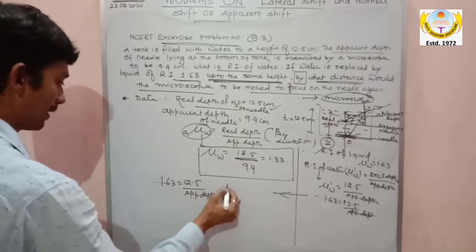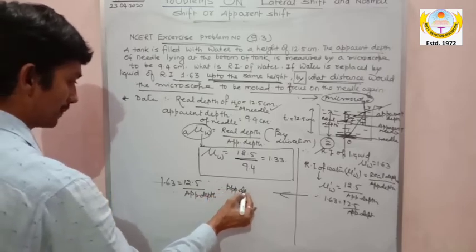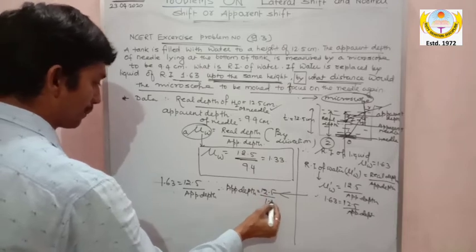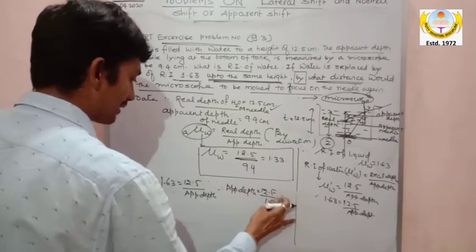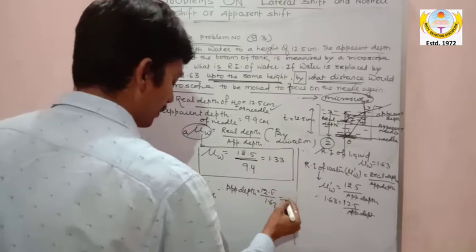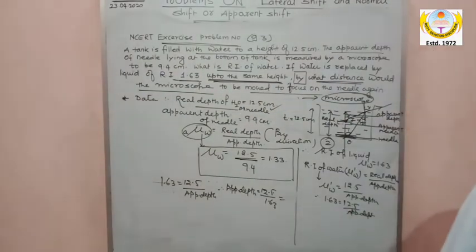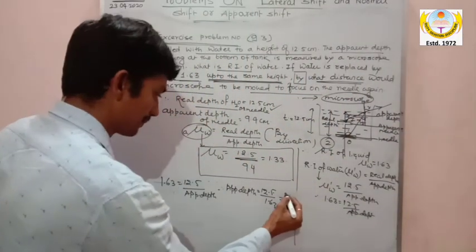Therefore, apparent depth is equal to 12.5 divided by 1.63, and the answer is coming near about 7.7 centimeter.